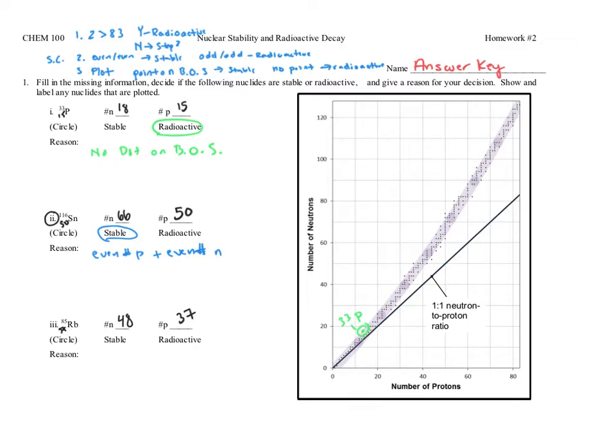Now, when we look at rubidium, again, we can go in and highlight the things that have 48 neutrons. They're right below 50. It's these 3 dots right here.